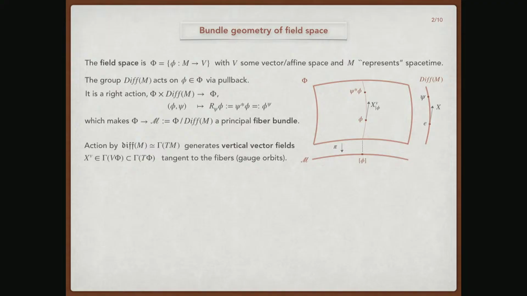And that's the infinitesimal gauge transformation of the field configuration phi. So the diffeomorphism group is what is called the structure group of the field space. In some quarter of the literature, this is what people call the field-independent gauge transformation, or field-independent diffeomorphism, right?